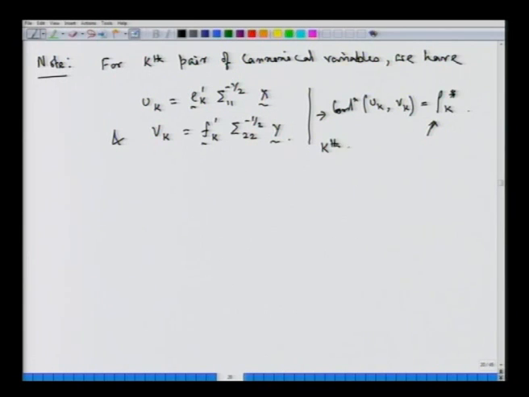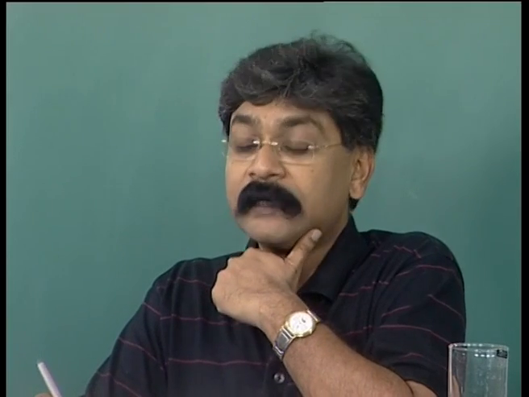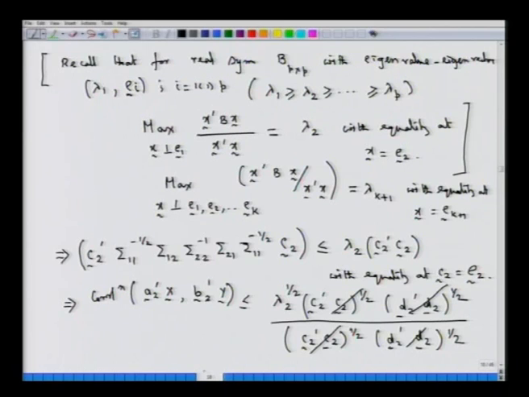So, this will be the kth canonical correlation coefficient, and the construction will be similar to the construction of the second pair of canonical variables, that is, this U_k will be uncorrelated with U_1, U_2 up to U_{k-1}, and this V_k is going to be uncorrelated with V_1, V_2 up to V_{k-1}. So, that entire uncorrelatedness structure will still hold, and while deriving this kth pair of canonical variables, we will precisely be using this particular result: at the kth stage we would require the C_k vector, similar to the C_2 vector here, corresponding to the kth canonical variable pair to be orthogonal to E_1, E_2, up to E_{k-1}, because we would require that particular linear combination, the kth canonical variable, to be uncorrelated with all the previous canonical variables.